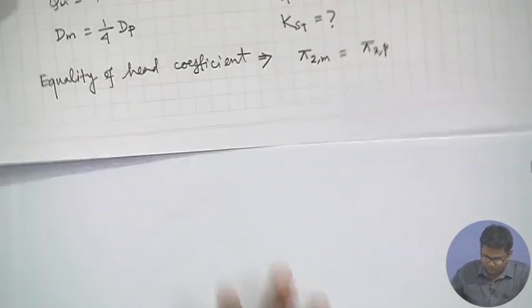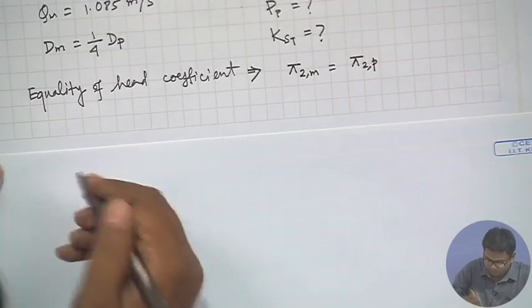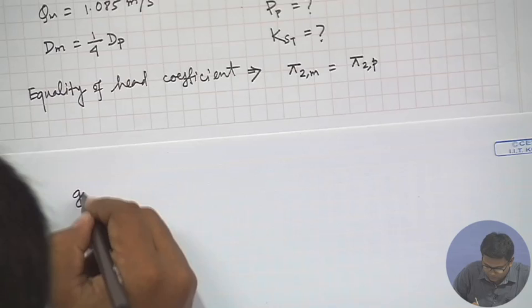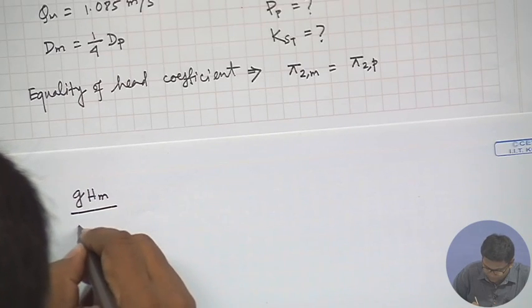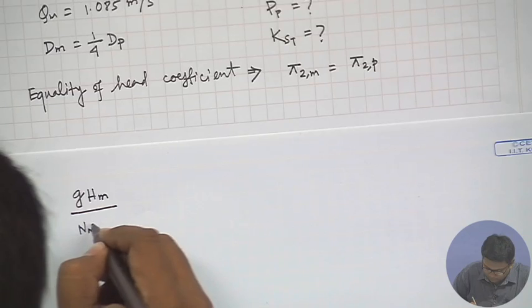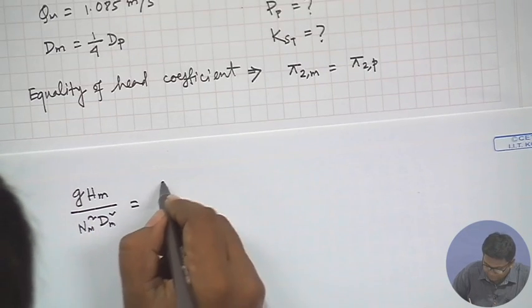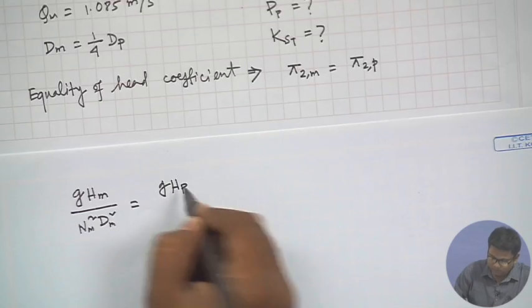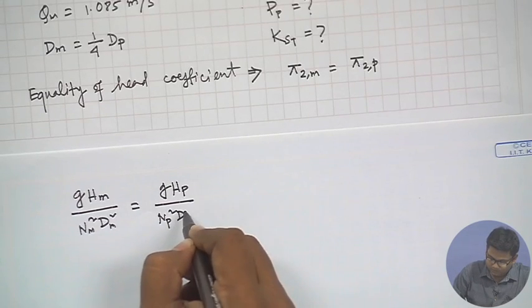Now substituting the expressions, we can obtain gHm by Nm squared Dm squared will be gHp by Np squared Dp squared.